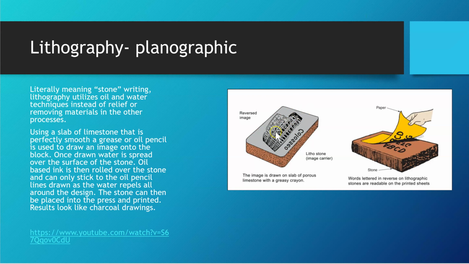So when you roll across there, the oil ink can't stick to the wet areas, and that's going to be where the stone is still showing. But where the grease is, it can stick to that. So it'll just stick right to wherever you have drawn. And from there, now you can stick it in a printing press, which is a different style of printing press. But when it gets squeegeed through, then now you have your print.